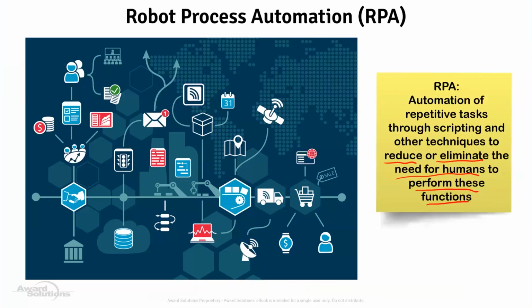What that software robot is doing is emulating human tasks, things like clicking a link, entering things into a form, copying data, pasting it into a spreadsheet, and so on.